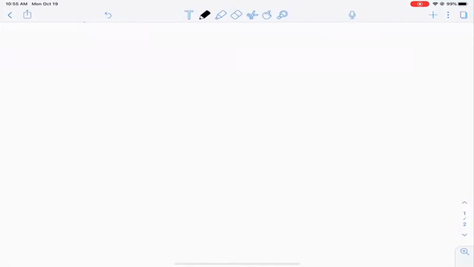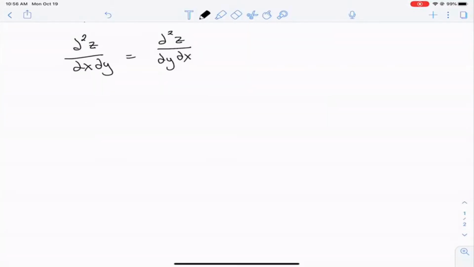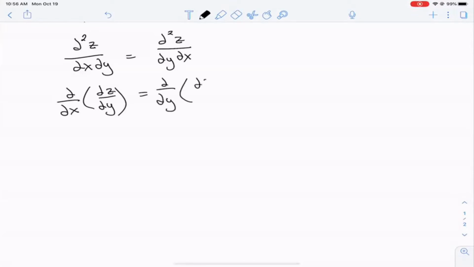You might have written that in calculus as d squared z dx dy equals d squared z dy dx. Another way to write that, which will be a little clearer for what we're going to be doing today, is that d over dx of dz dy is equal to d over dy of dz dx. And we're going to use this to our advantage.